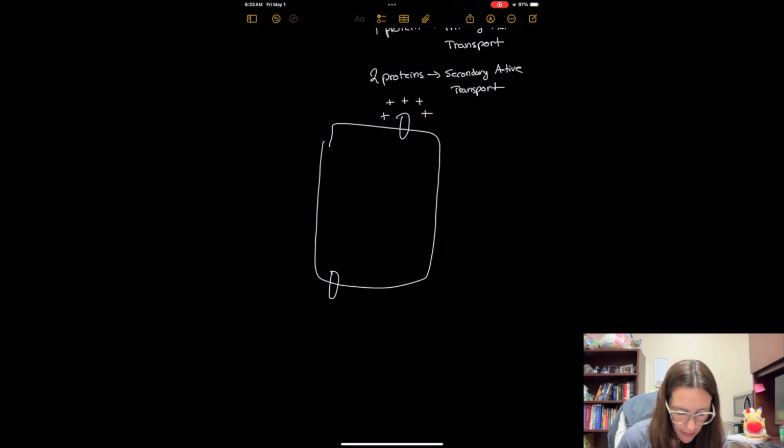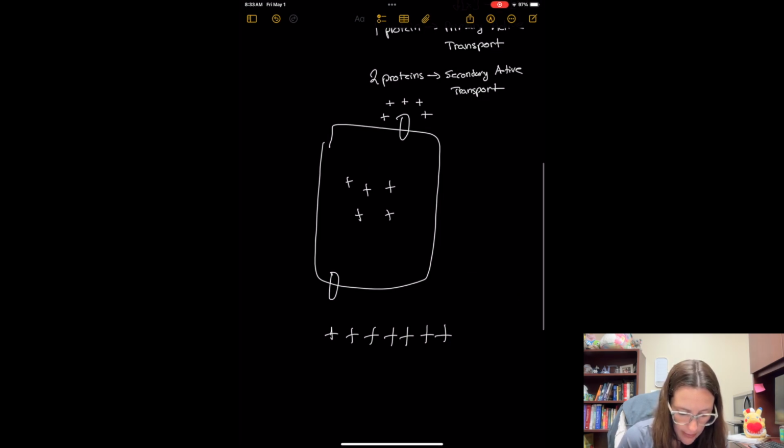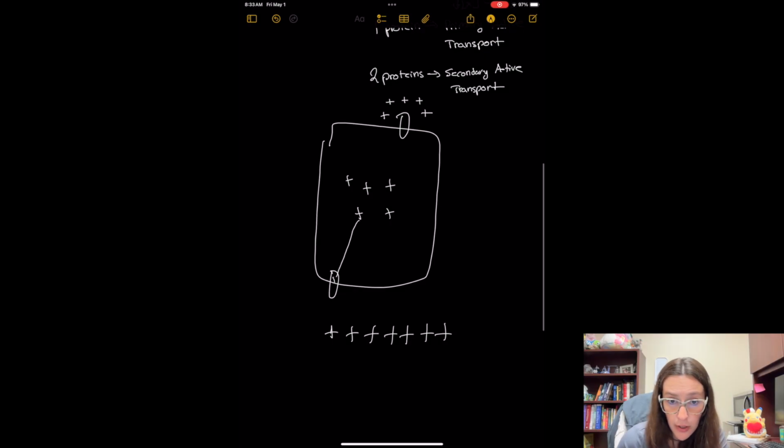What we can do is, right, so let's say we already have an equilibrium inside, and we want to make it so that there is a gradient. What we can do is, right, let's say there's a ton on the other side here. If I want to get this ion out so we can have a high to low, I can take these through this protein. But look, there's only 5 here, and there's more than 5 outside, right? So it's going from a low concentration to a high concentration.